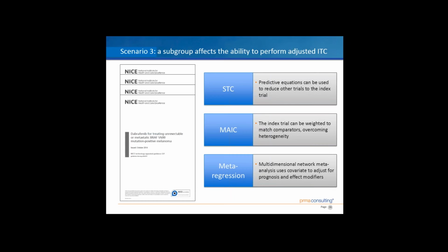Simulated treatment comparison is the case when you, the manufacturer, have trial data, you have individual patient data, and you've got summary or baseline data for other drugs, because you don't have individual patient data for your competitors. That almost never happens. STC is an approach in which a series of predictive equations are constructed, and these predictive equations mathematically track and tell the story of a patient in your trial from recruitment, screening, randomization, treatment, onwards to the outcomes.